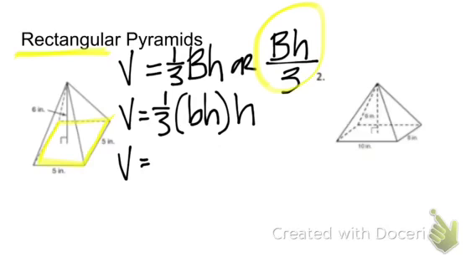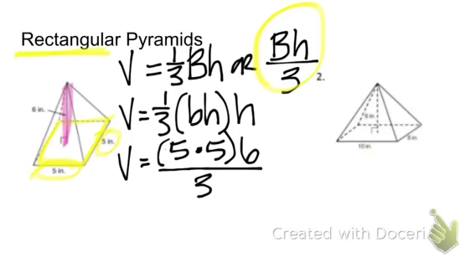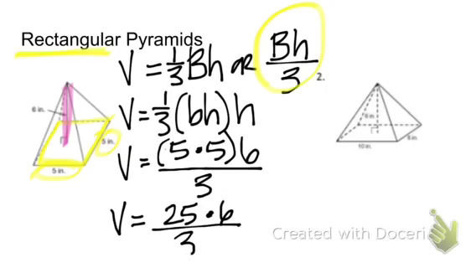Then I'm going to fill in all my numbers. So I have 5 times 5, because that is the base and the height of my square, times the height of my pyramid, which is 6. And then don't forget that you have to divide it by 3. So then you do 5 times 5, which is 25, times 6 over 3.